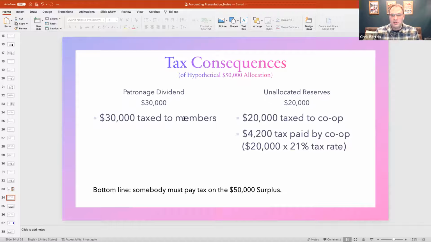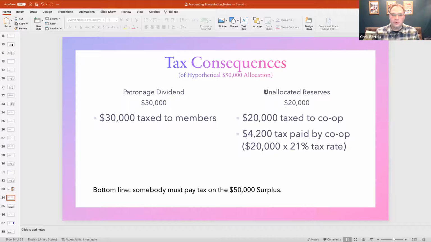So the members are going to have to pay tax on this $30,000 of patronage dividend, even though they only received $6,000 in cash. The purpose of the minimum 20% is so that the members have enough money to pay tax on all of the $30,000.